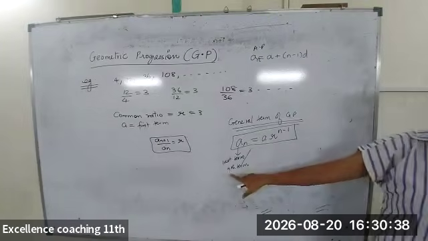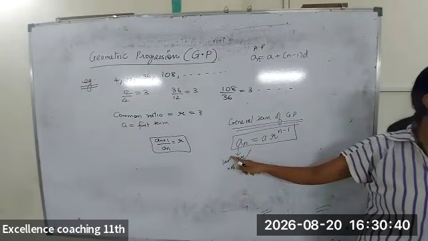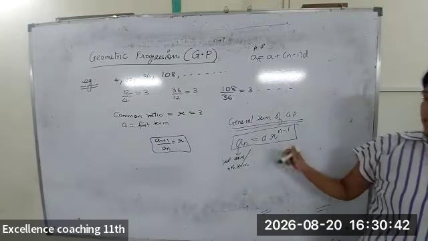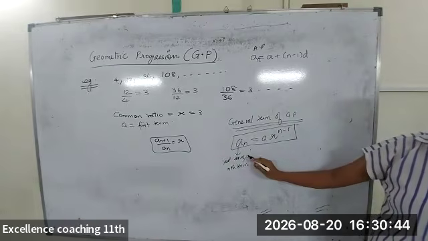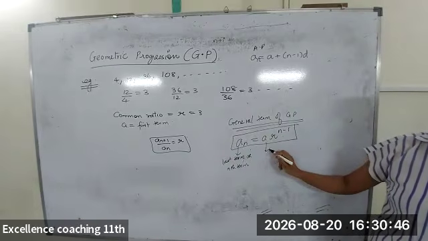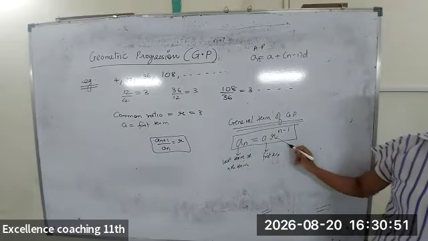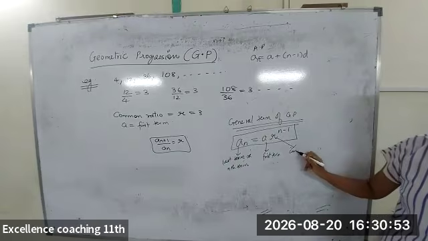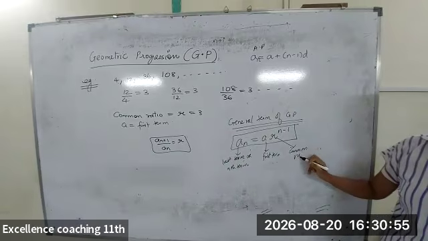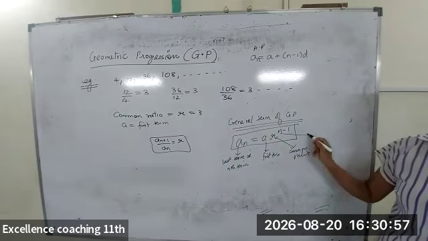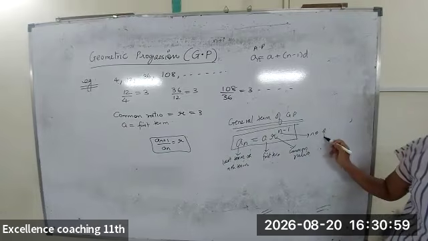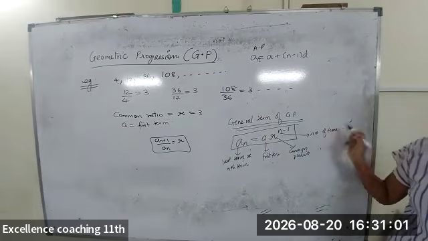Suppose they tell you the fifth term or 10th term, or sometimes it works as your last term. This is your first term. This is the common ratio. And this is the number of terms in the series.